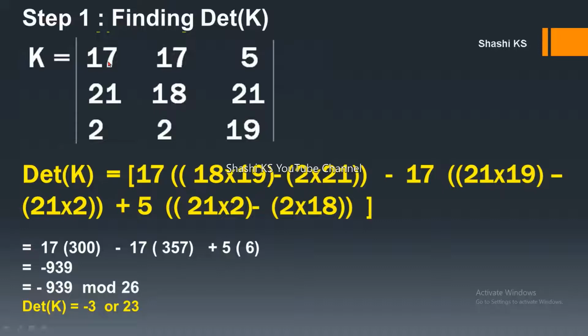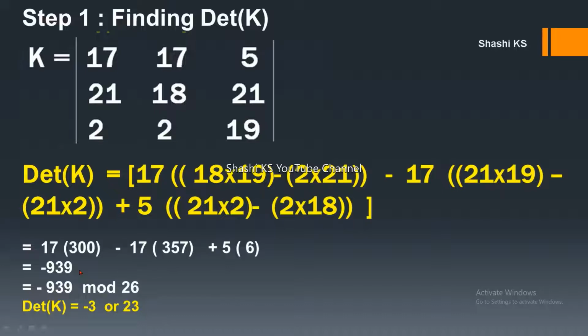So here we have 17. Here the minor for the element 17 is 18, 21, 2 and 19. So we multiply 18 with 19 and subtract it from the product of 21 with 2. Okay, so the calculation is shown here.